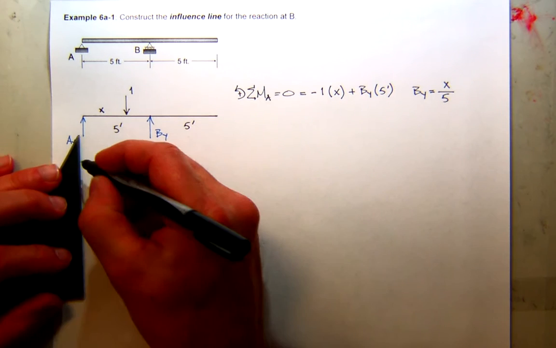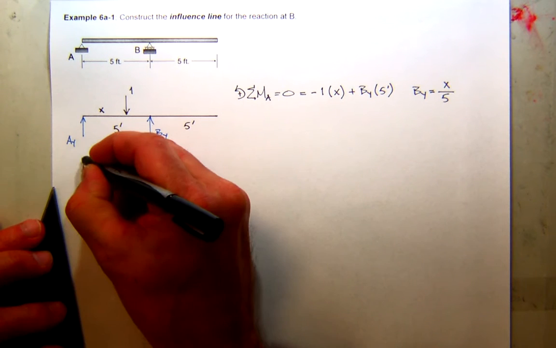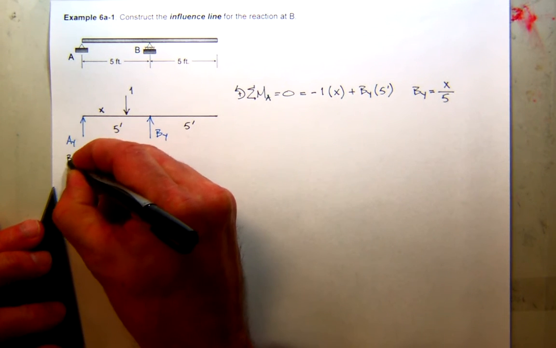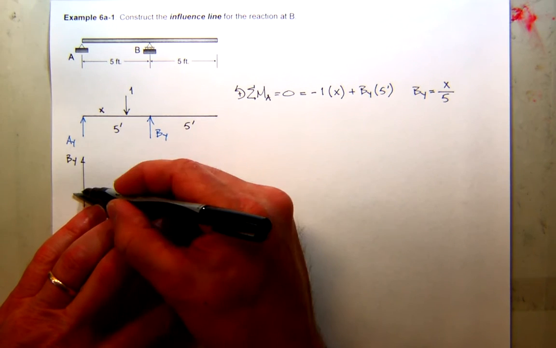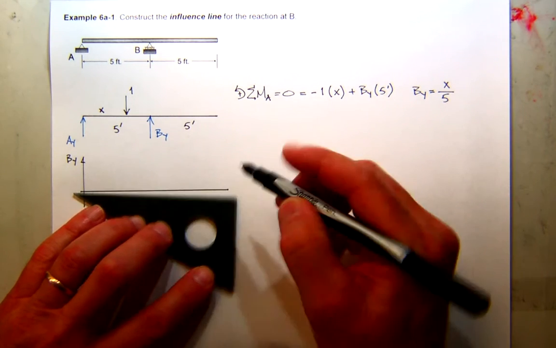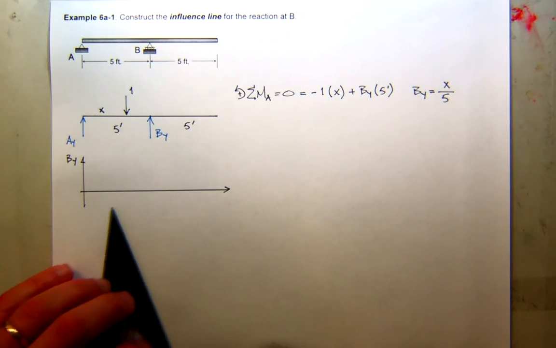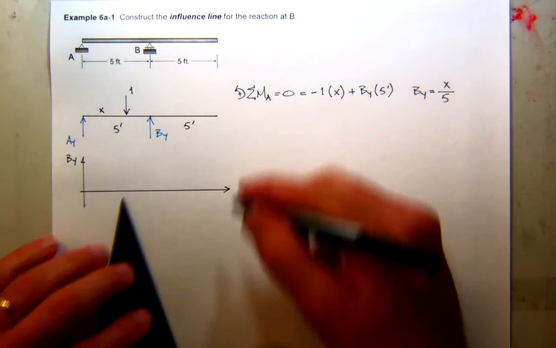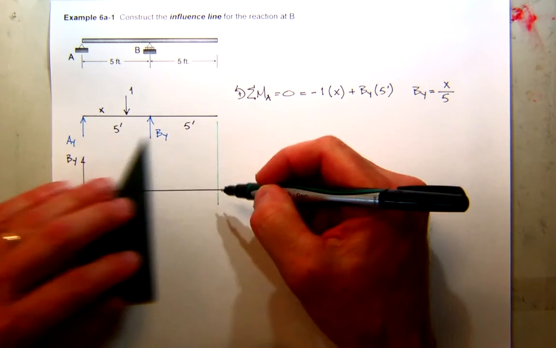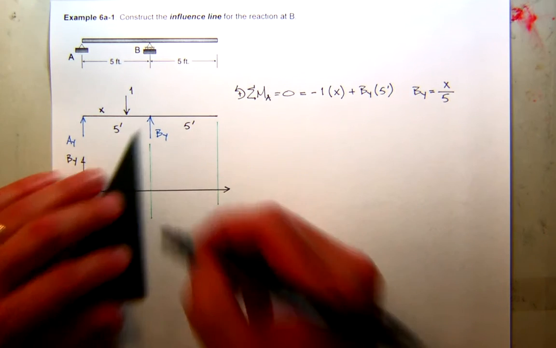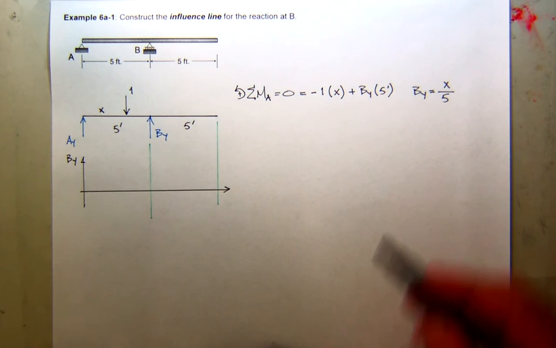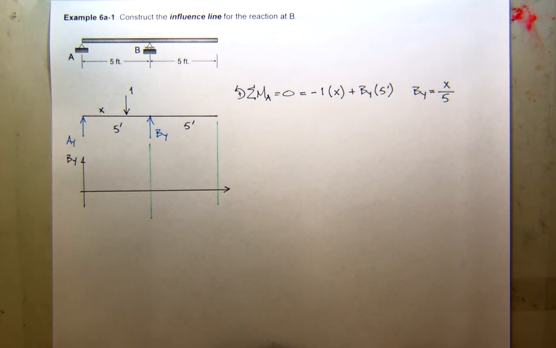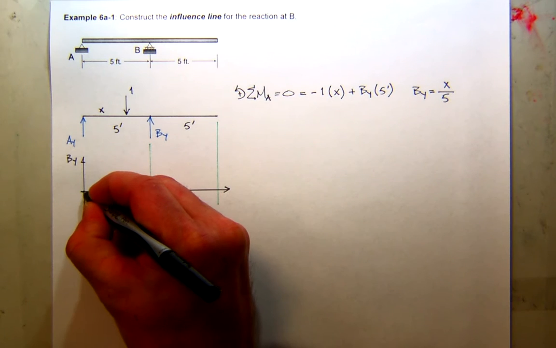So if I want to now plot the reaction at B as a function of x, remember that my structure comes down here, there's By. Plot that. What do you get? When x equals 0, what do you get? 0.